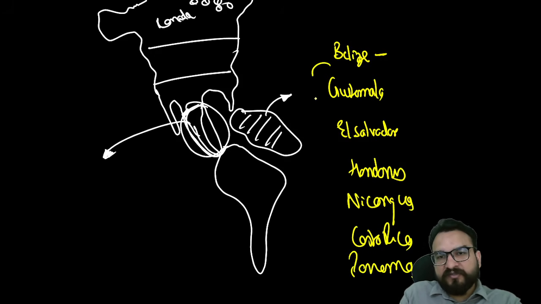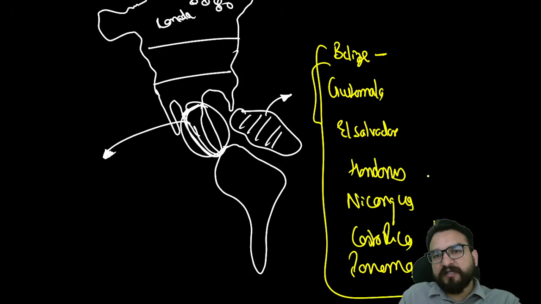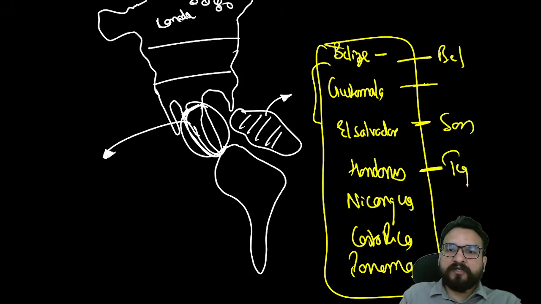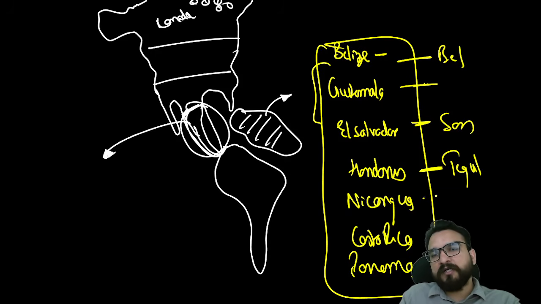Nothing but these are the seven countries, your Central American countries. This is Belmopan, Guatemala you will be having Guatemala City, El Salvador, San Salvador, Honduras. I have told you that this is one capital city you have to learn. Tegucigalpa, Nicaragua, Managua, Costa Rica, you will be having San Jose, Panama, Panama City, right?